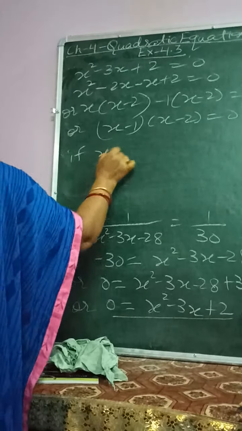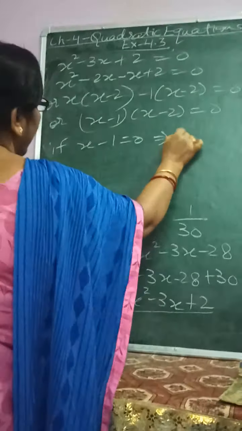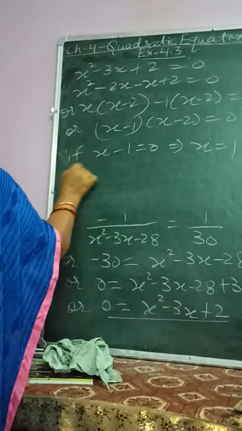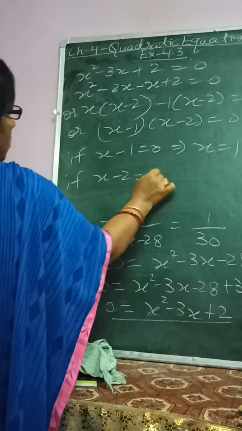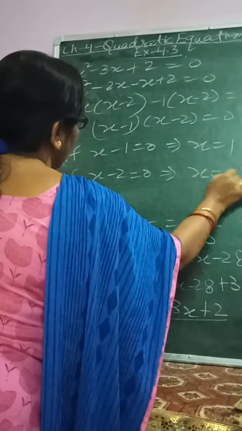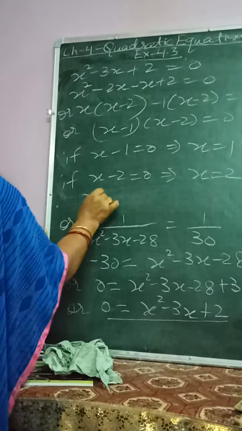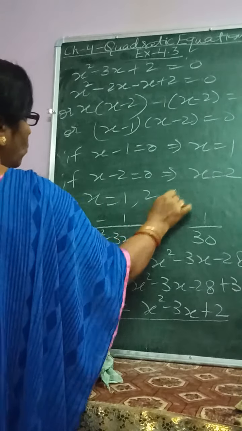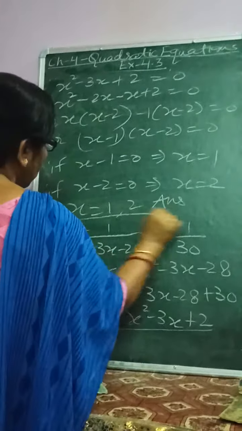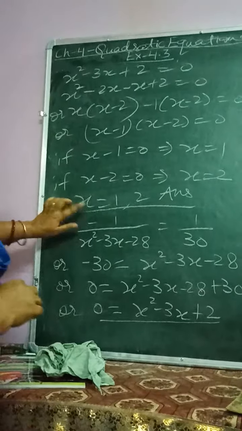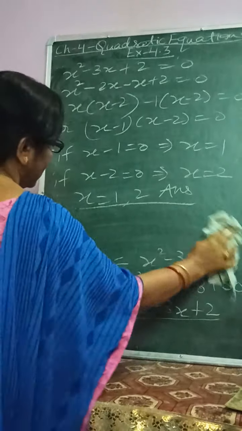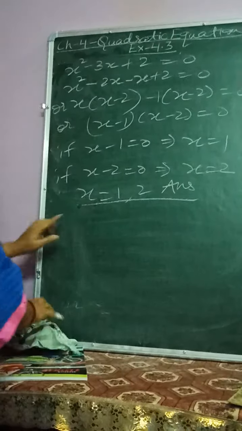If I put x minus 1 is equal to 0, I get x is equal to 1, and if I put x minus 2 is equal to 0, I get x is equal to 2. Therefore, x is equal to 1 and 2 is the answer of this question, and these are the two roots of this quadratic equation.